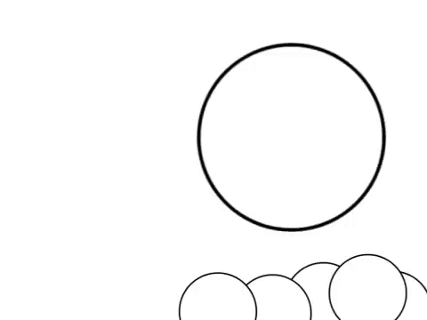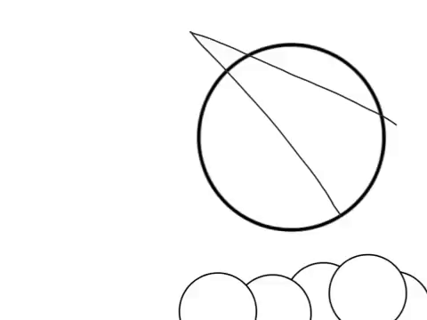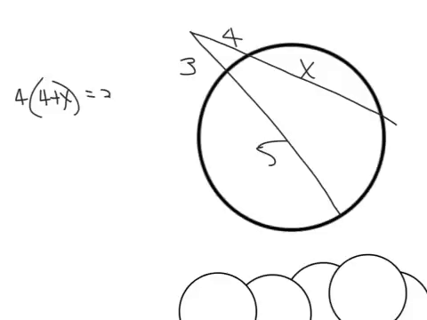Okay, let's look at another one here. Let's do that and that. And this is 5, and that's 3, and that's 4, and that's x. So 4 times 4 plus x equals 3 times 3 plus 5.